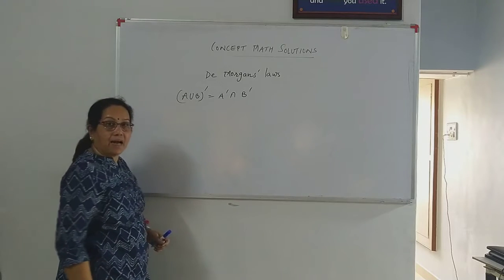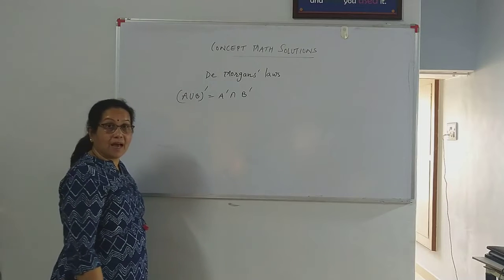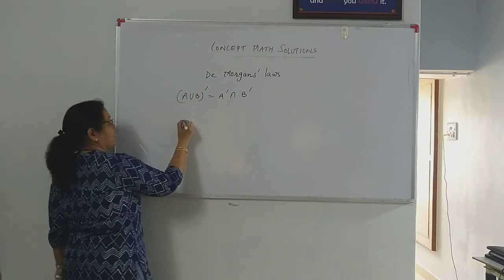A union B dash, that is complement, is A dash intersection B dash. That is the first law of De Morgan.